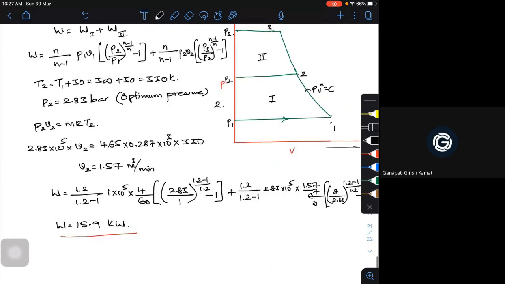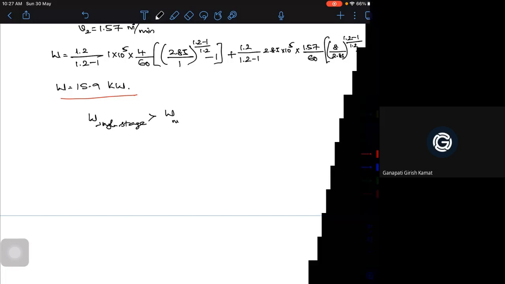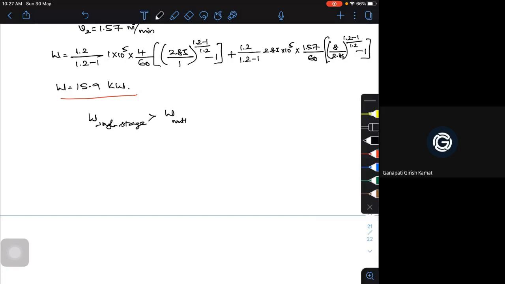Okay, what I can tell here, I can write a comment. Work done in a single stage is greater than work done in a multi-stage without intercooling, which is greater than work done in multi-stage with intercooling.